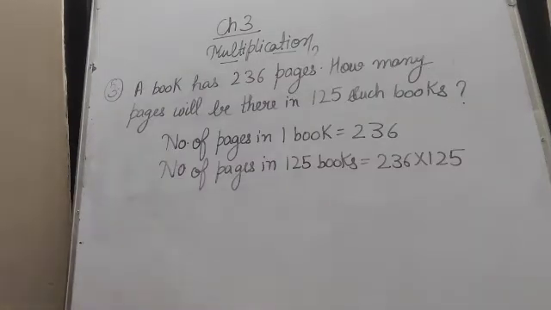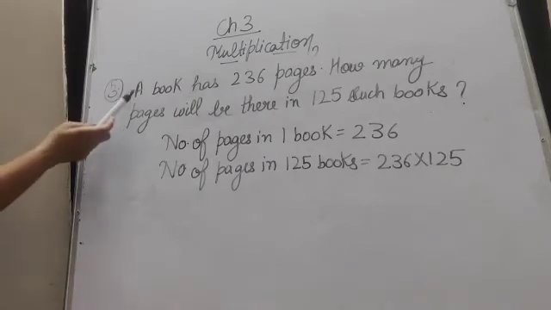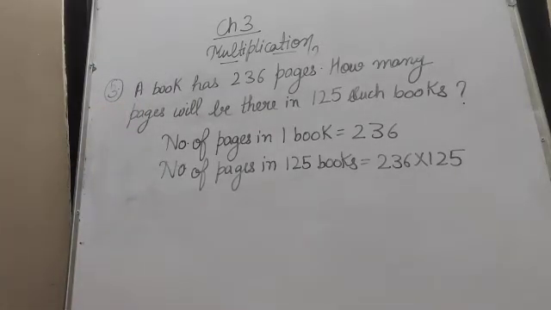Now, see a word problem. A book has 236 pages. How many pages will be there in 125 such books? Means same books. In one book there are 236 pages.